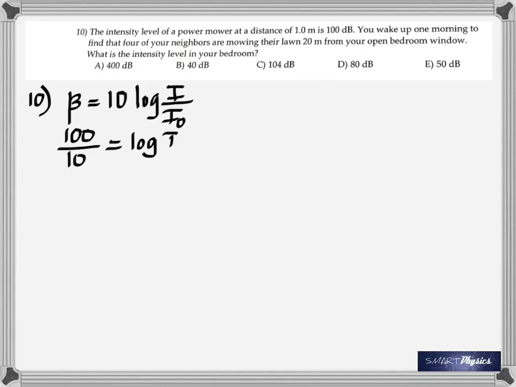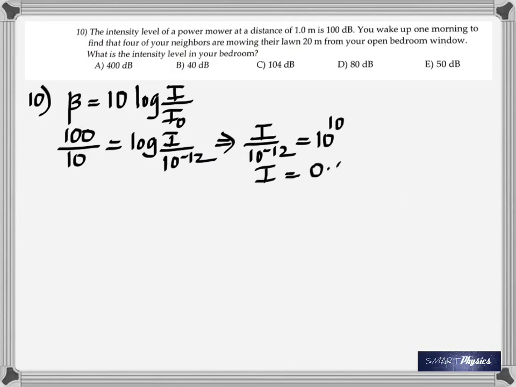So from the first case, it was 100 decibels. We're trying to change it into conventional units. And instead of log, you can write 10 to the power 10, because this number here is 10, and you need not write log there. So I is 0.01 watt per meter squared.